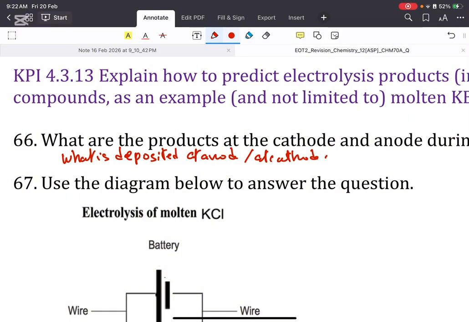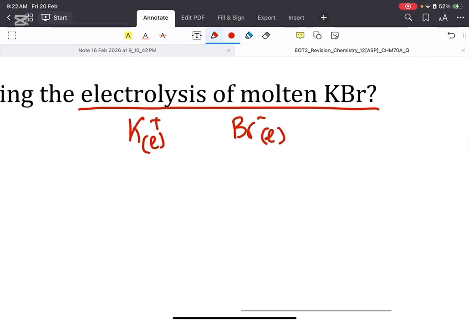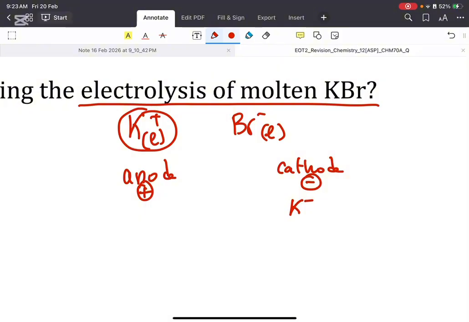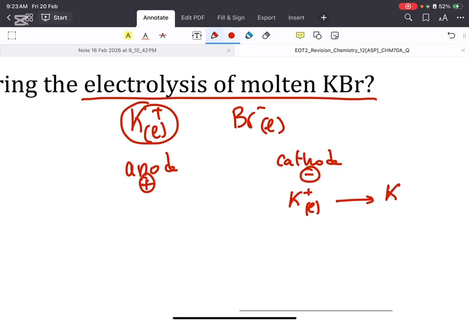Okay, so you need to understand that the anode is the positive electrode in electrolysis and the cathode is the negative electrode. Therefore, the positive ions are gathered around the cathode and they turn into metal, and the anions are attracted to the anode and they turn into, for example here, Br2.